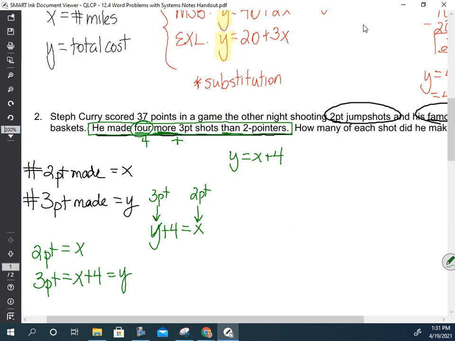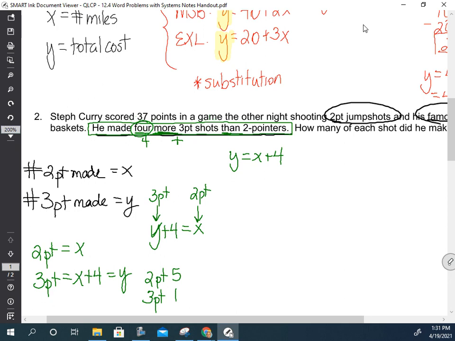That means for every 1 3-point shot you take, your 2-pointers would be 5. So you shot 4 more 2-pointers than 3-pointers. Is that what the problem said? That's an easy way for you to check to see if what you wrote is right.